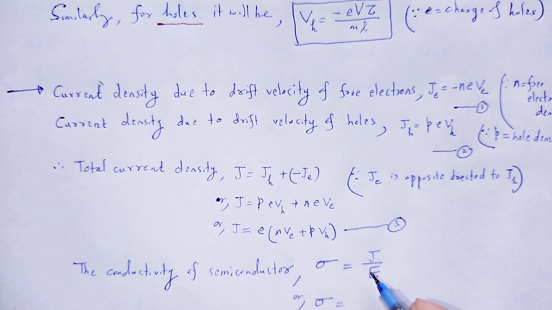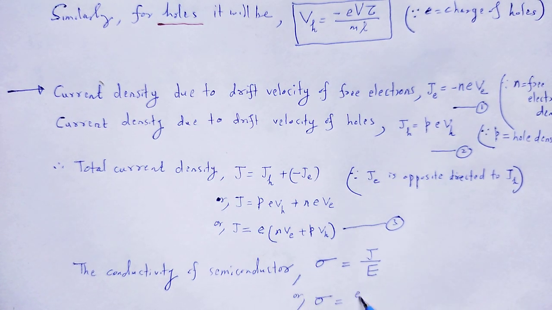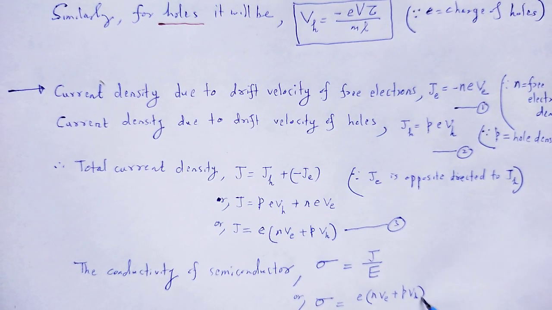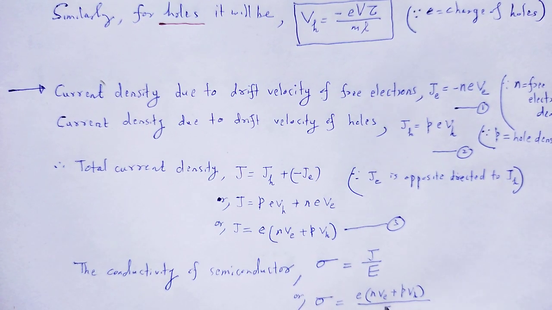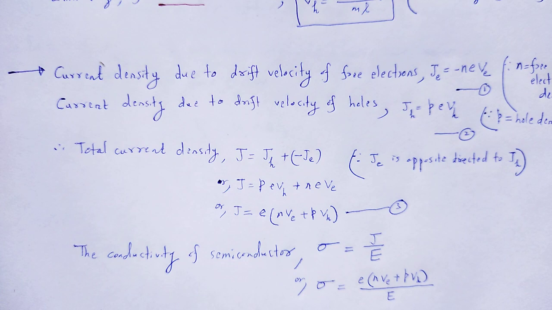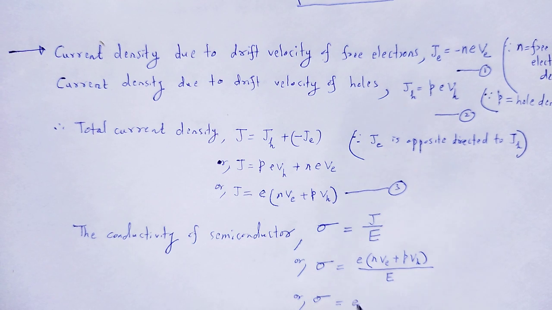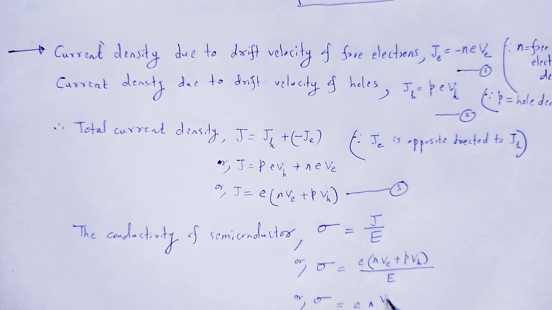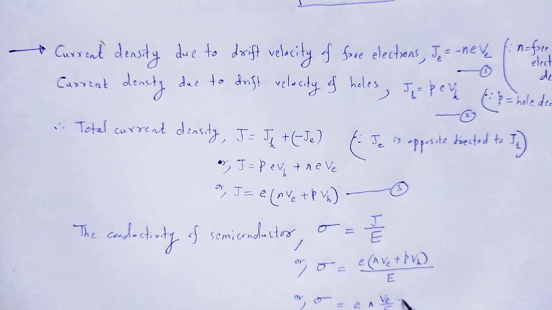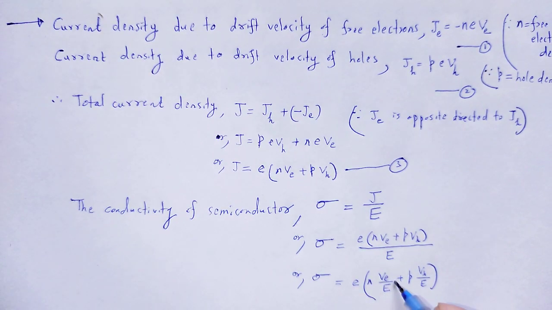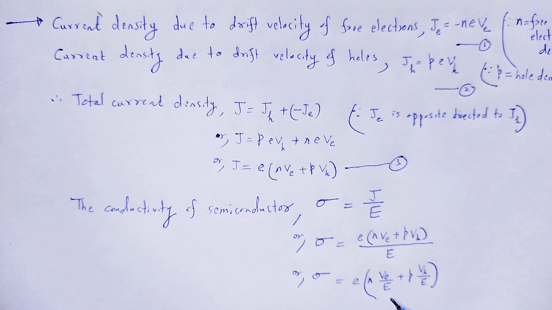In place of J, we write e(n V_E + p V_H) divided by E. Separating these two terms, sigma is equal to e times (n V_E divided by E plus p V_H divided by E), that is velocity to external electric field, a term which we call mobility.